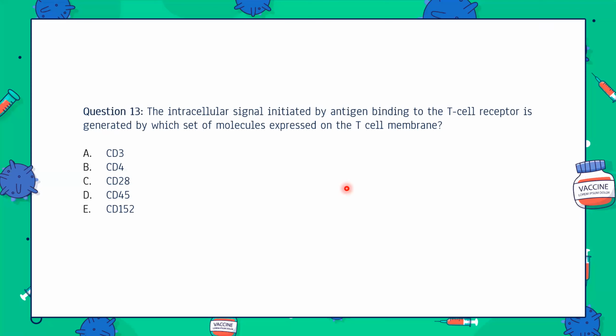Anyone else have a different answer? Someone's going all in on E. Someone is saying B. Okay, so the person going all in on E, I think they're just trolling, but good on you. So for CD152, even I don't know what this is for, honestly. Someone is saying B. I understand why you'd say that.